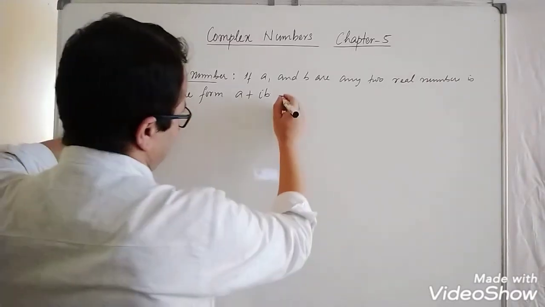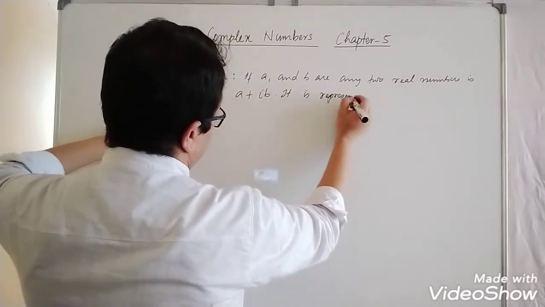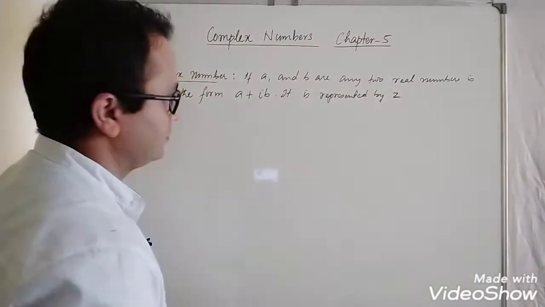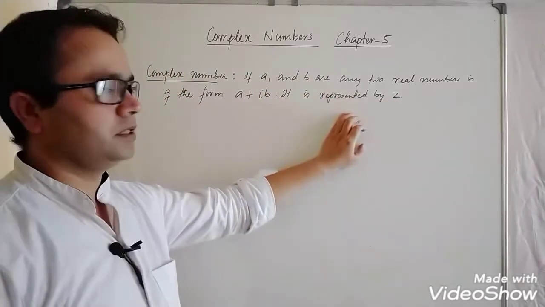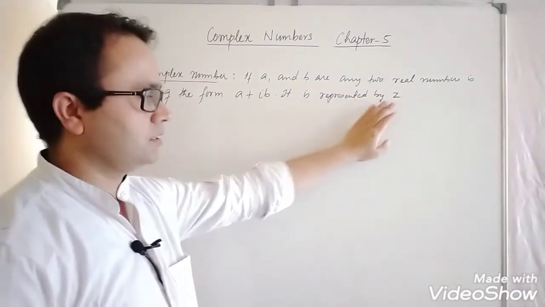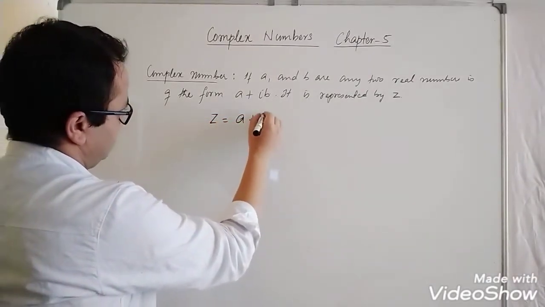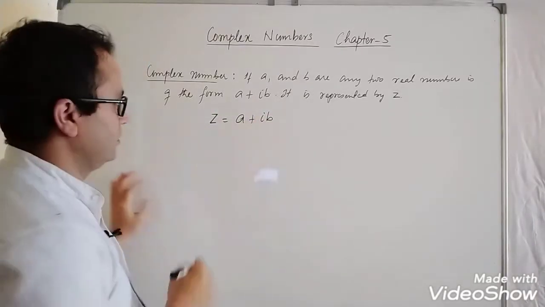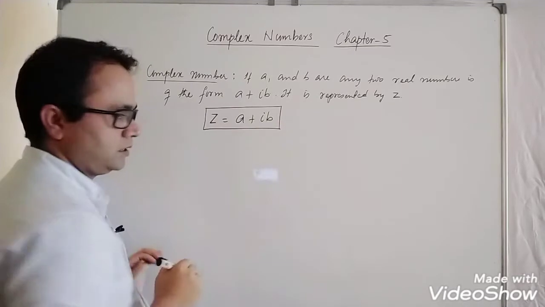It is represented by the small letter z. So z can be written as z equals a plus ib, or we can write a plus bi also. So a plus ib is the complex number.